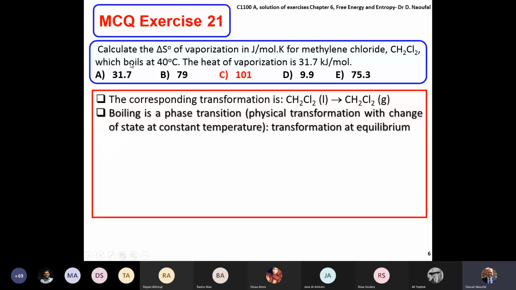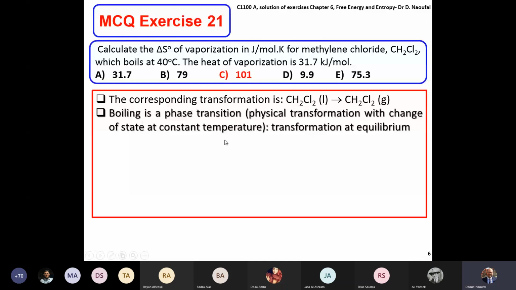What is the meaning of boiling or vaporization? Boiling is a phase transition where we pass from liquid to gas. So this is a physical transformation with a change of state at constant temperature.